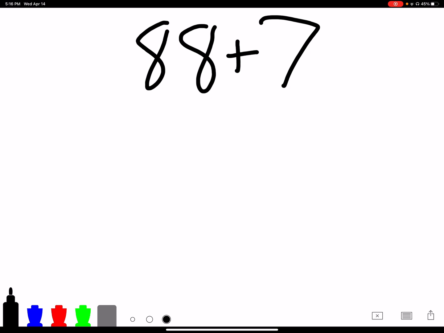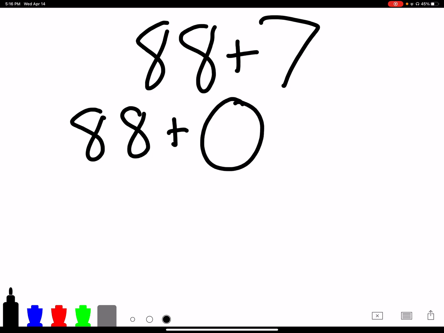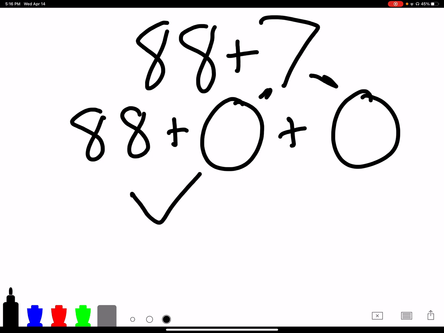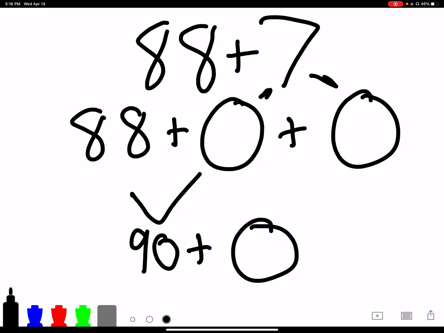So this is going to expand like this, 88 plus blank, plus a circle plus a circle. So right here, these two circles are going to add up to 7. But then down here, it wants you to add to 90 and then plus circle.